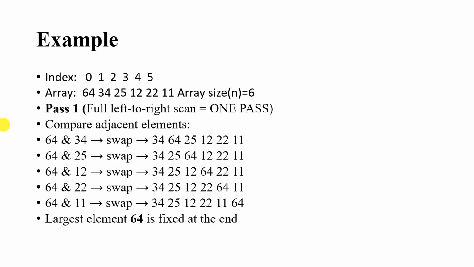During each pass, we compare the adjacent elements and swap them if they are not in correct order. So we will require a two nested loop approach. The outer loop is for the passes. The inner loop is for comparing the adjacent elements and swapping. That's why we have to code it in nested loop fashion.